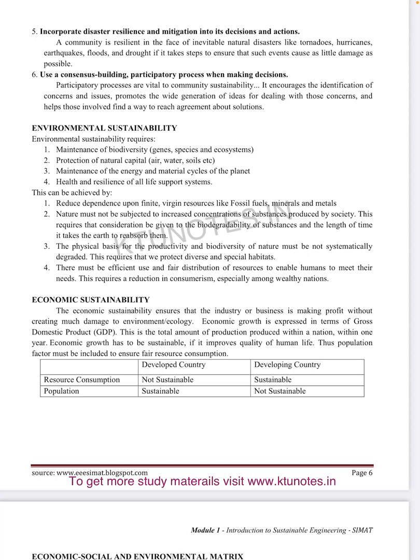Next is protection of natural capital, maintenance of energy and natural cycles of the planet, health and resilience of all life support systems, etc. This can be achieved by reduced dependence on non-renewable resources like fossil fuels, minerals, metals, etc. The second one is nature must not be subject to increased concentration of substances produced by society.